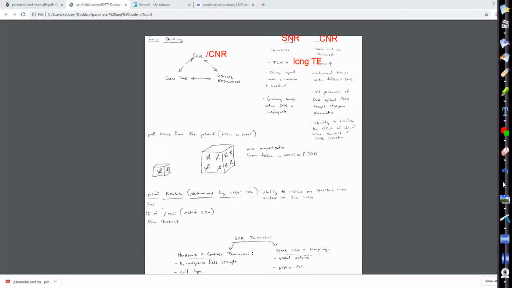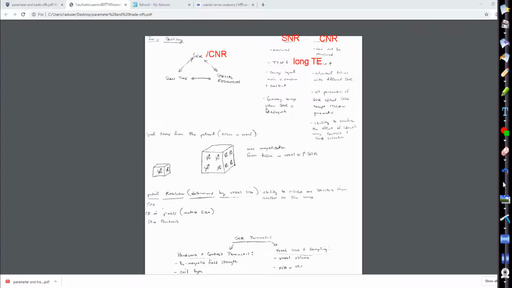If you break down SNR, what it means is signal to noise ratio. Most of the time we're going to be able to adjust or manipulate our signal, but our noise is random and it's coming from our patient, and that's something we can't really control. So what we want to do is increase our signal and try and minimize the noise coming from the patient as best as possible. But our noise is random, it's constant, but we can adjust and increase and decrease our signal.